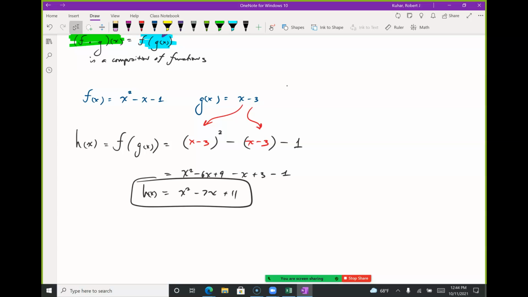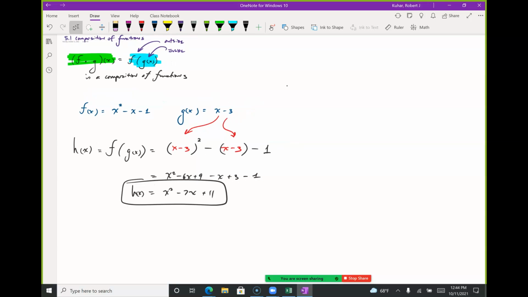And when I compose continuous functions, I get a continuous function. So this one isn't horrible to think about the domain here, right? Our domain for g was everything, for f was everything. The weird thing is I have to think of the range of g to get the domain of f. And I'll talk about that later.